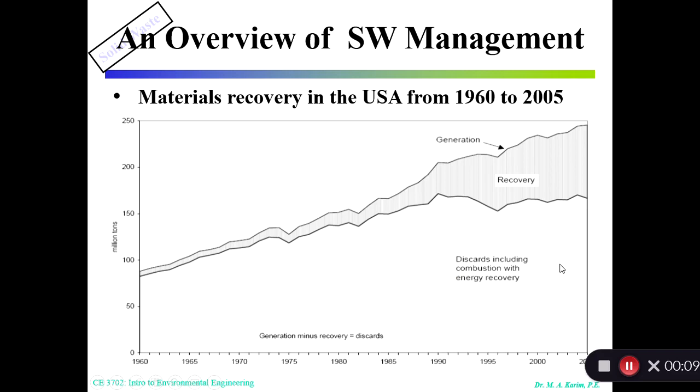So this is material recovery in the USA from 1960 to 2005. Looks like these are the materials discarded, including combustion and energy recovery up to that point. So then this is the generation and discarded. The difference is the recovery that we recovered. So recovery looks like it is increasing with time.